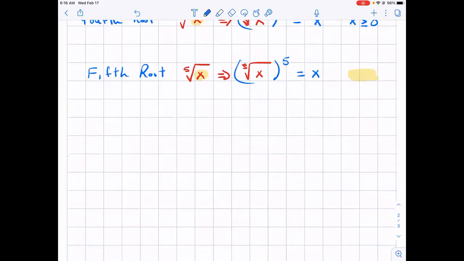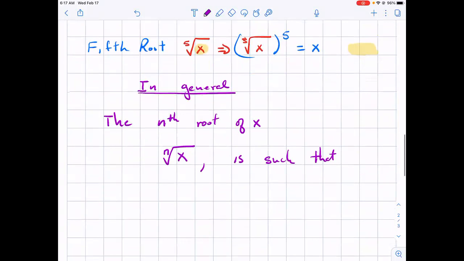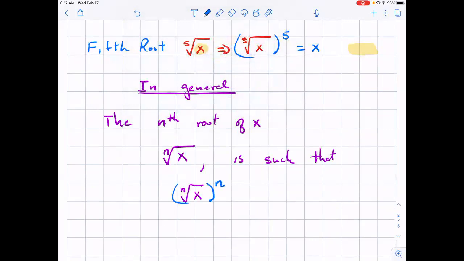So in general, we say the nth root of x is such that the nth root of x, if we raise this to the n power, is equal to x.